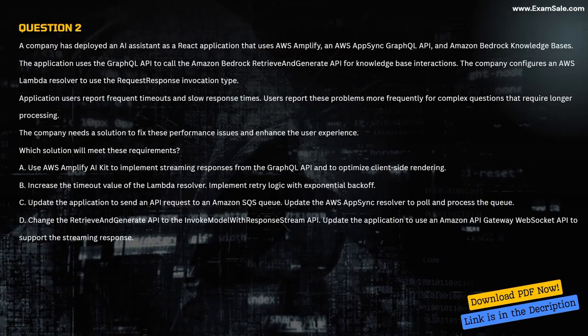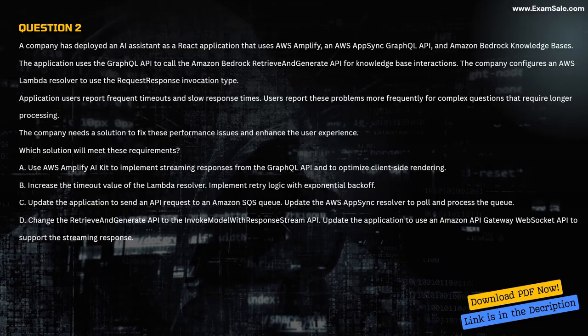The company configures an AWS Lambda resolver to use the request response invocation type. Application users report frequent timeouts and slow response times. Users report these problems more frequently for complex questions that require longer processing. The company needs a solution to fix these performance issues and enhance the user experience. Which solution will meet these requirements?